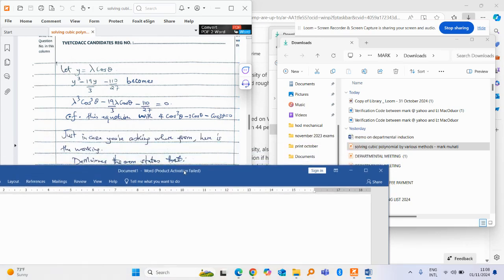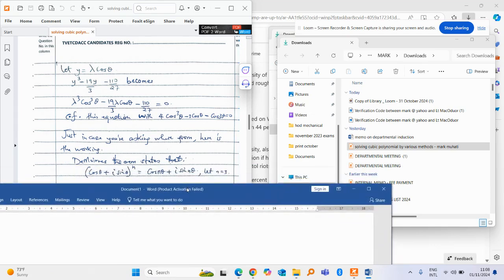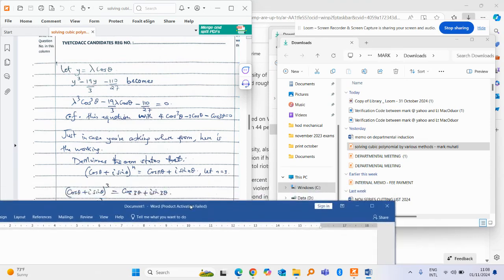Just in case you are asking yourself where we are getting this trigonometric identity, recall that De Moivre's theorem states that open brackets cos theta plus i sin theta close brackets power n equals cos n theta plus i sin n theta. Letting n be 3 gives us that function that you have there.